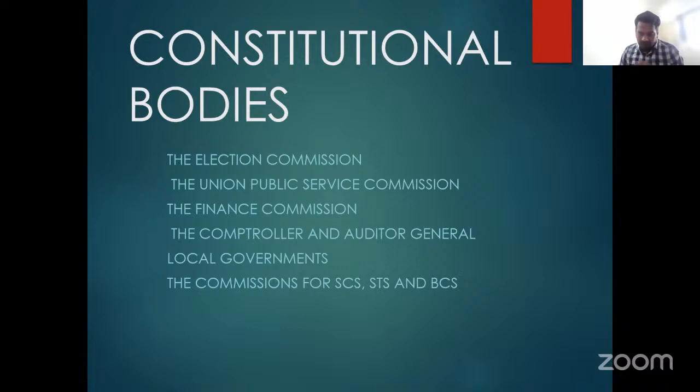We all know that the commission is appointed every 5 years. Every 5 years a Finance Commission is appointed, which consists of one chairman and 4 other members. In the Election Commission, we had one chairman and 2 members; here in the Finance Commission, we have one chairman and 4 members.